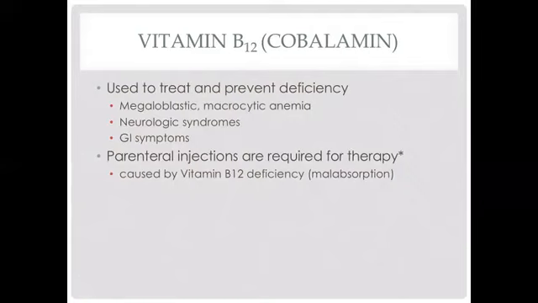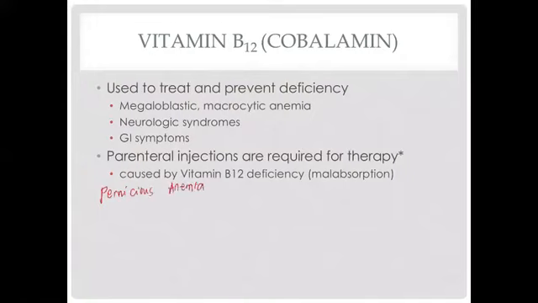So during vitamin B12 deficiency, this is often caused by malabsorption of vitamin B12 in the gastrointestinal tract. An example of a condition that is characterized by malabsorption of B12 and thus leads to B12 deficiency is pernicious anemia.